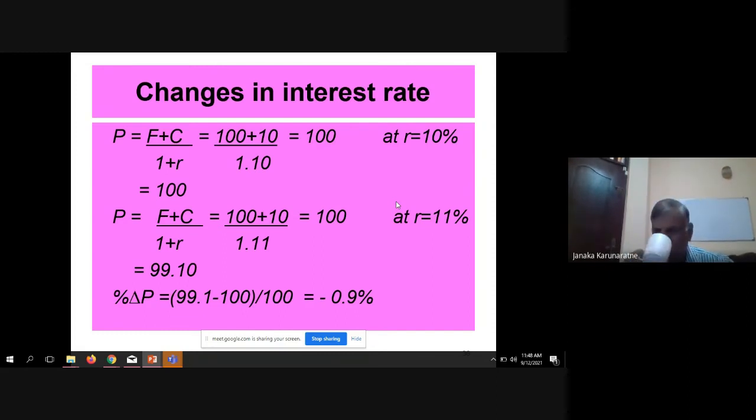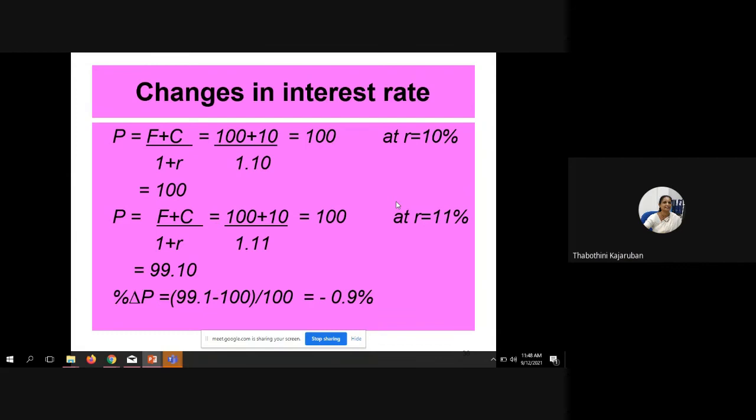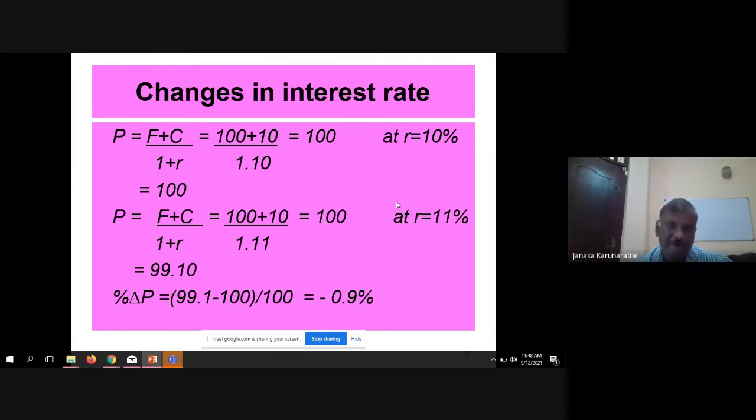Why? What is the reason? Interest rates have come down drastically during the last 1.5 years. Interest rate came down means prices should go up, because interest rate going up means prices will come down.